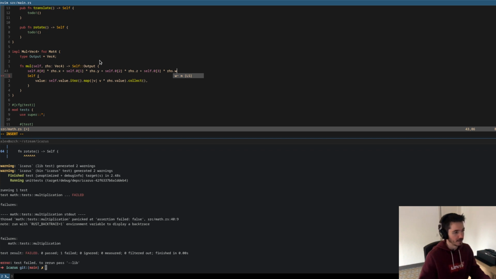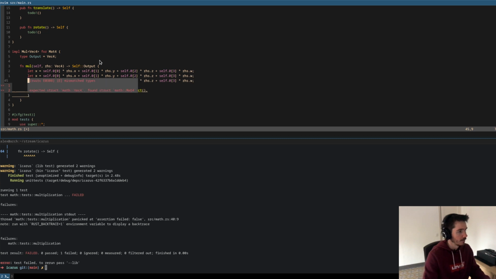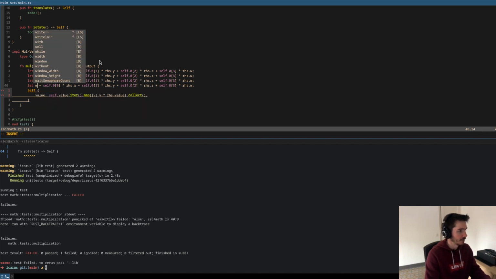That would be our x. It's very similar for the other components. The only difference is that we need to take different row elements.